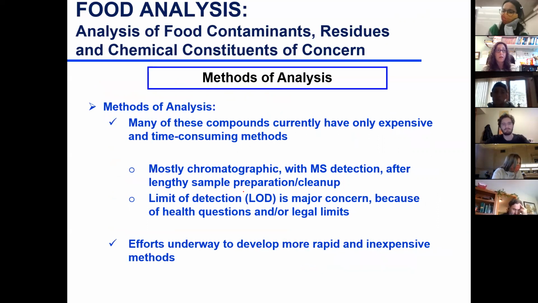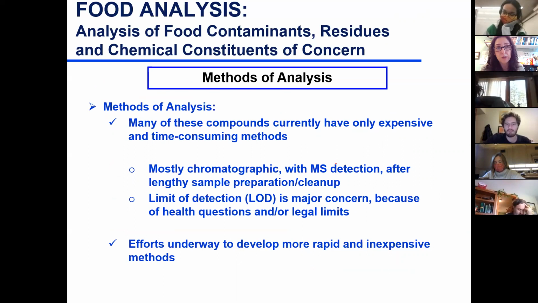But the methods of analysis are currently expensive. They're not rapid and mostly involve chromatography and mass spectrometry. Limit of detection is important because for some of these, the tolerance level is very, very low, so we have to have methods able to determine the quantity at a very low concentration.